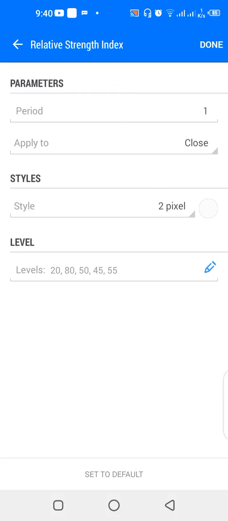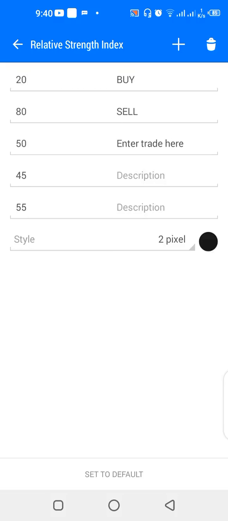And for the parameters of the relative strength index, we have the period to be 1, applied to close. Now, the color of the style will match the background color of the chart. Okay. And the levels, let's look at the levels. We have 20 for buy, 80 for sell, 50 for enter trade here.